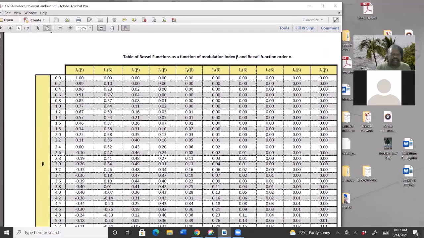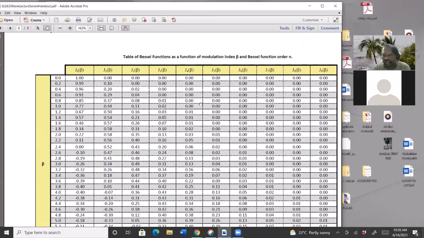J1 for beta equal to 0.4 is 0.2. Then it is 0.02. Then it is all zeros. Theoretically this is not exactly 0, but it is a really tiny number, less than 0.01. Look at what happens when beta is 0.8. J0 is 0.85, J1 is 0.37, then 0.08, 0.01, and then it is 0.